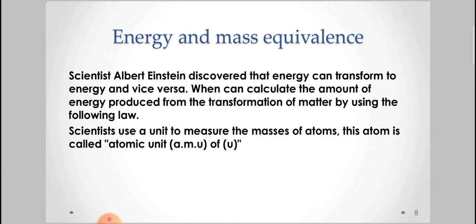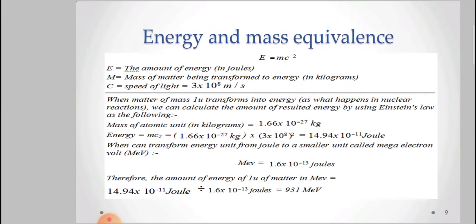Energy and mass equivalence. Scientist Albert Einstein discovered that matter can transform to energy and vice versa. One can calculate the amount of energy produced from the transformation of matter by using the following law. Scientists use a unit to measure the mass of atoms, called the atomic mass unit.